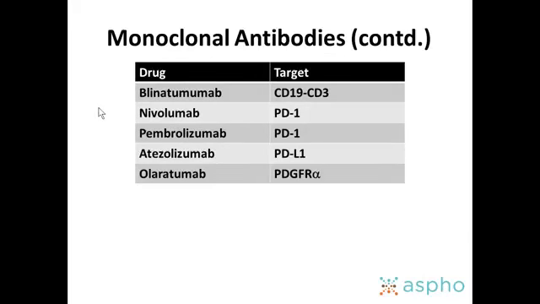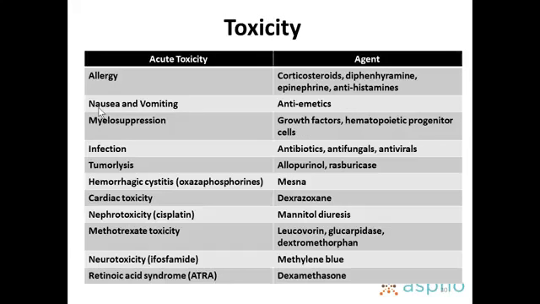And now you have the newer drugs which have all been recently approved, the bispecific antibody blinatumomab with CD19 and CD3, the checkpoint inhibitors, the anti-PD-1 drugs, nivolumab and pembrolizumab, and then atezolizumab, which is an anti-PD-L1 drug, and more recently olaratumab, which is a monoclonal antibody against PDGFR, which is approved for the treatment of advanced sarcomas.